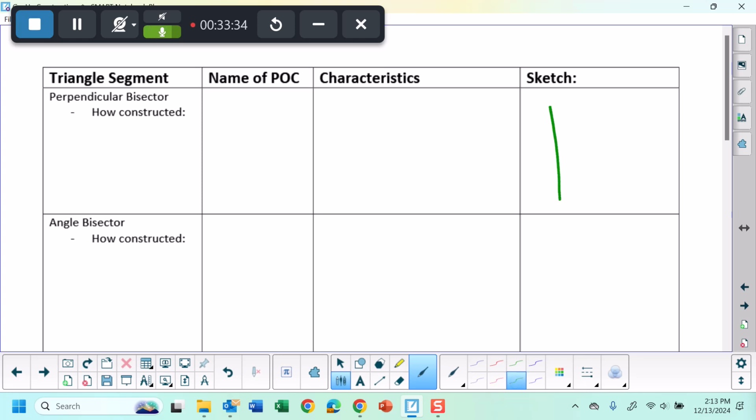Let's start with the sketch. When you have a triangle and you bisect each side with a perpendicular line, you end up with a holy cow wow moment of them all intersecting.